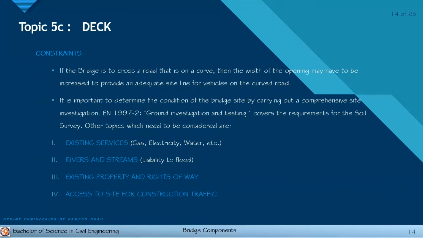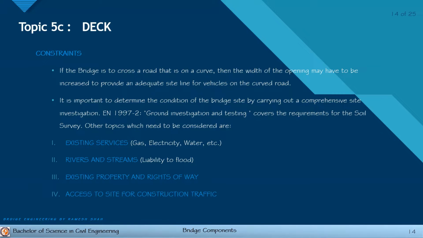If the bridge is to cross a road that is on a curve, then the width of the opening may have to be increased to provide an adequate sightline for the vehicles on the curved road. It is important to determine the condition of the bridge site by carrying out a comprehensive site investigation. Pwede tayo magkaroon ng ground investigation and testing, covers the requirements for the soil survey. So, importante din ang ground investigation and testing.